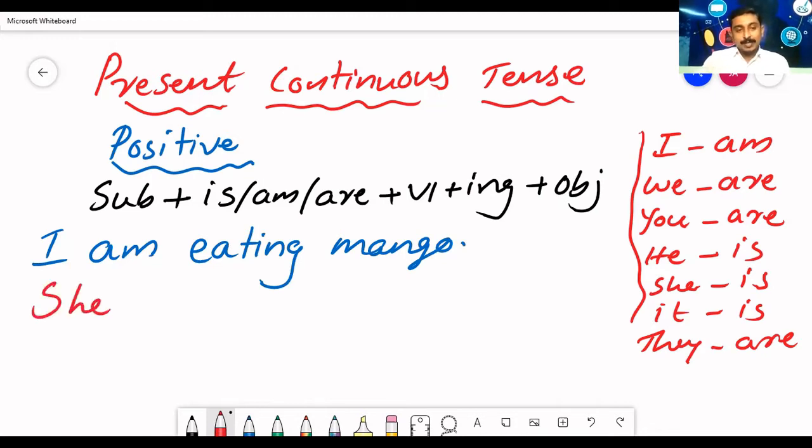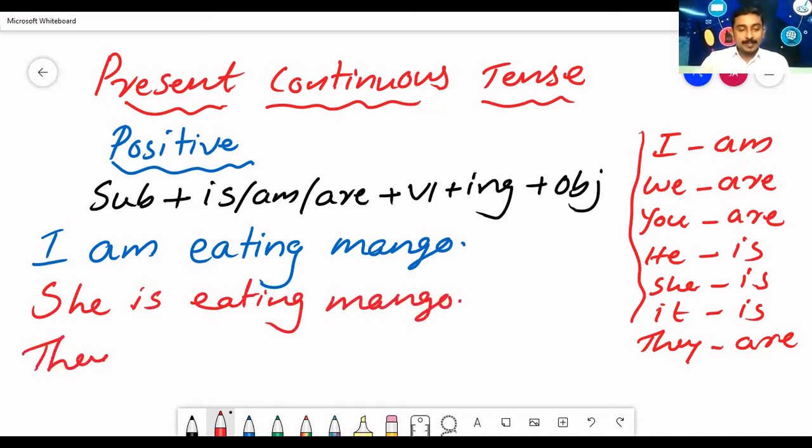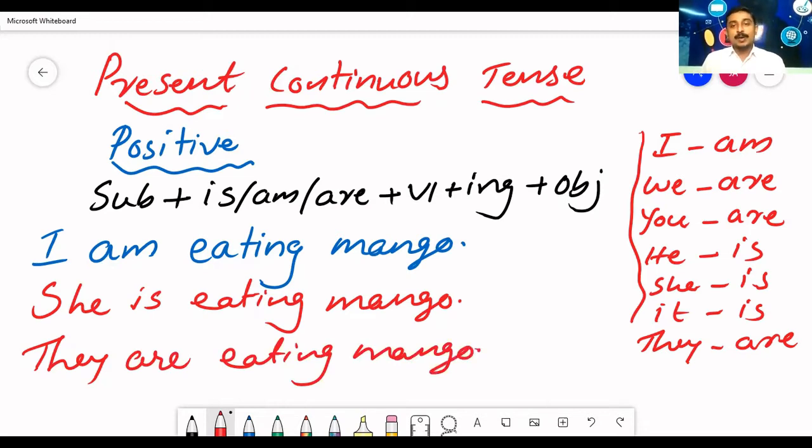She is third person singular, so is is to be selected. She is eating mango. They is plural, so they are eating mango. This is how we create positive sentences under present continuous tense.